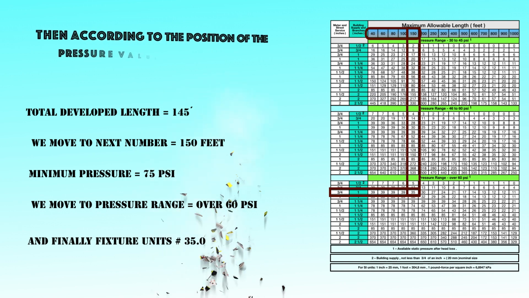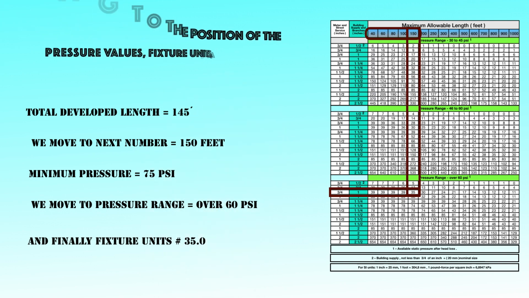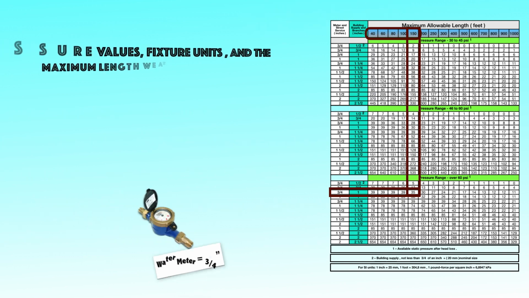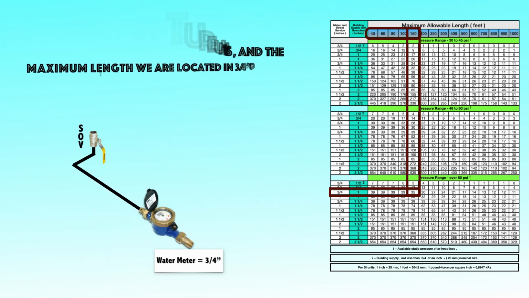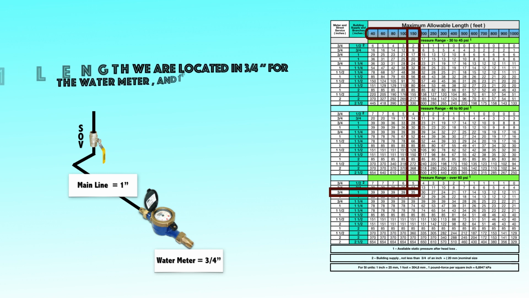Then according to the position of the pressure values, fixture units, and the maximum length, we are located at 3/4 inch for the water meter, and 1 inch for the main line.